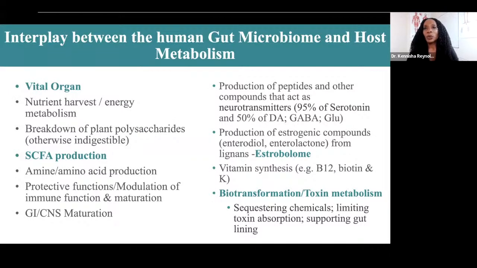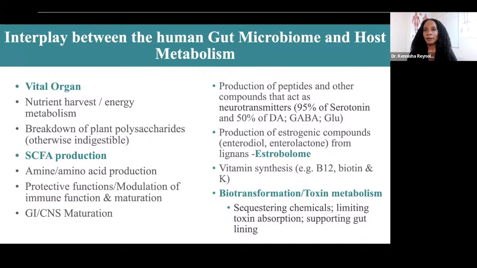There's something really important to understand. There's a complex interaction between the gut bacteria and the host, the human. A very fundamental concept I want you all to keep in mind is that we can think of the gut microbiome as a vital organ.